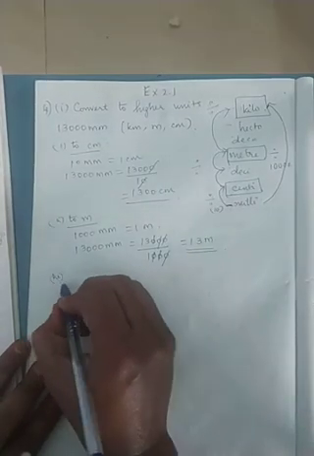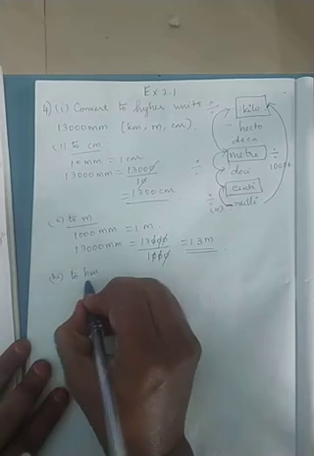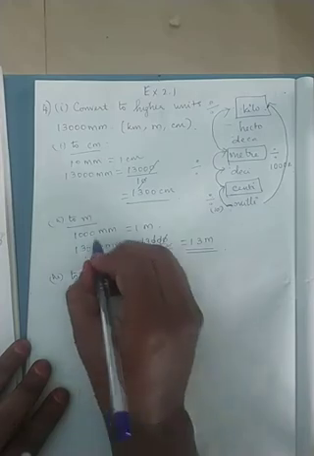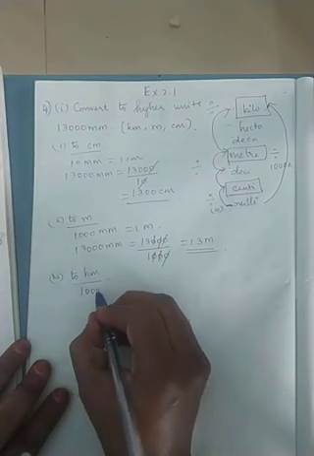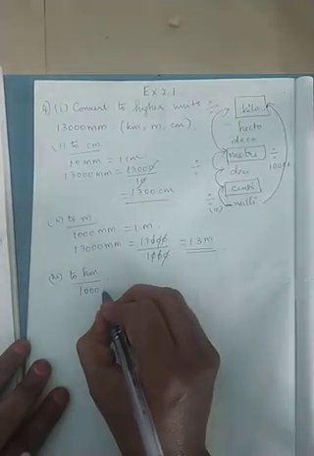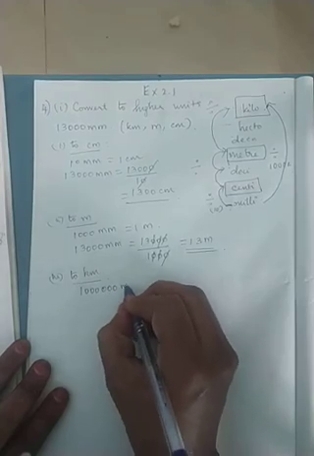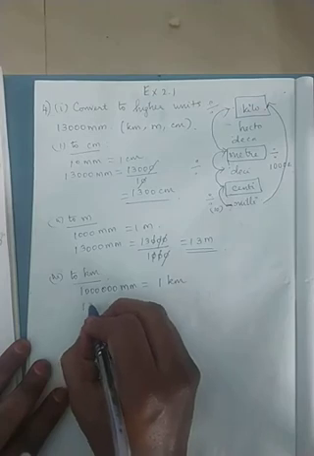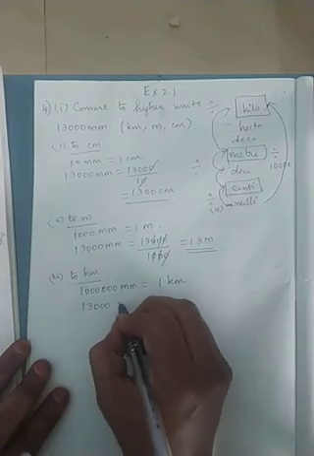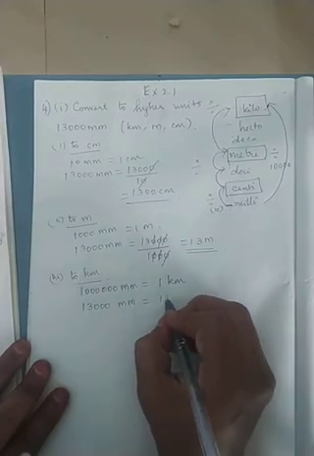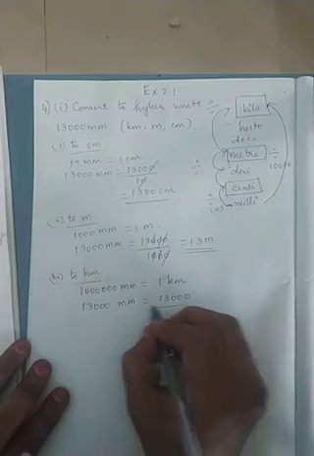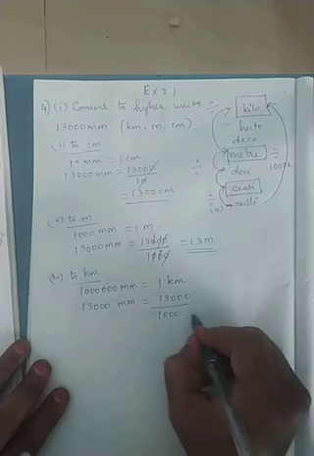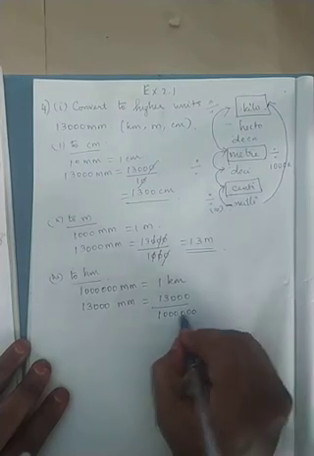Then third point is kilometers. Kilometers means what? You have to say 1000, so 3 zeros, and I told 6 zeros. So 3, 4, 5, 6. I will say 1 followed by 6 zeros millimeter is equal to 1 kilometer. Therefore 13,000 millimeter will be equal to 13,000 divided by this whole 6 digits, 1 then 6 zeros: 1, 2, 3, 4, 5, 6.